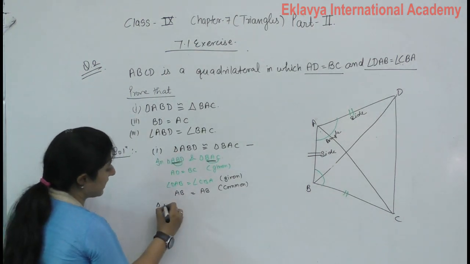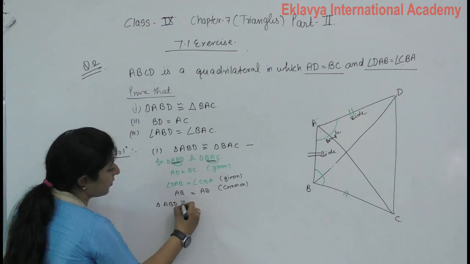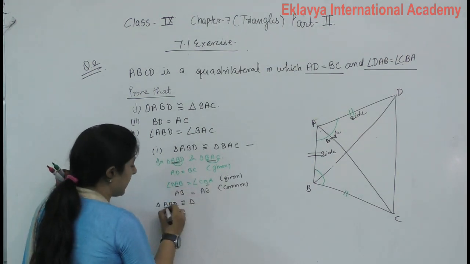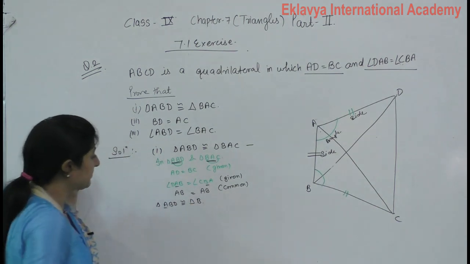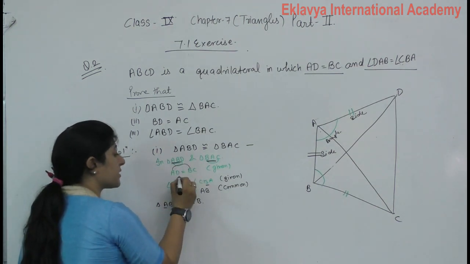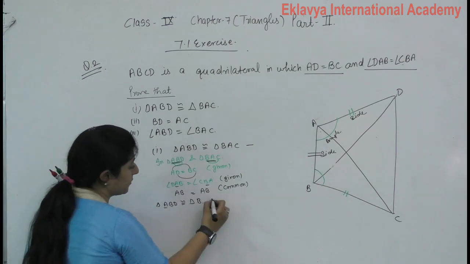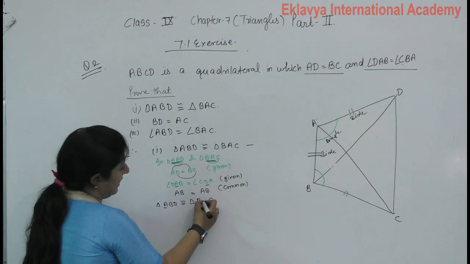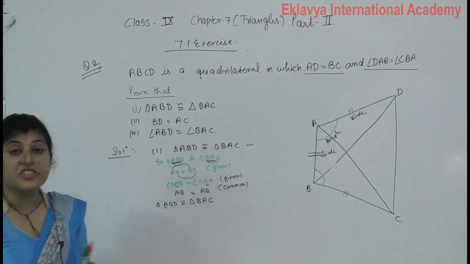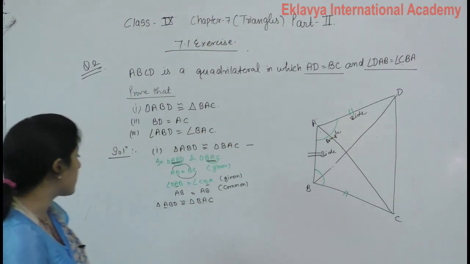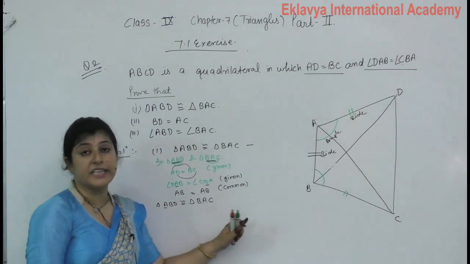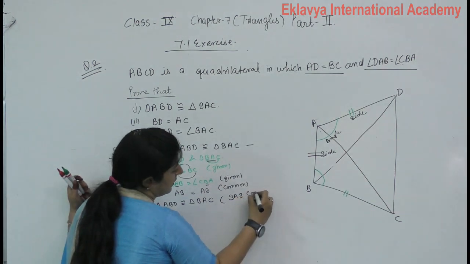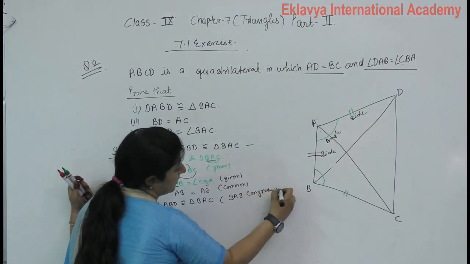We can say triangle ABD is congruent to triangle BAC. With angle A there is angle B, angle A corresponds to B, then D corresponds to C, and the remaining A. It means triangle ABD is congruent to triangle BAC. By which rule? SAS congruency rule.